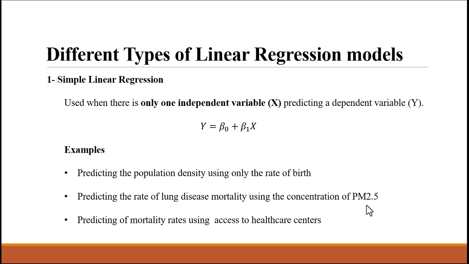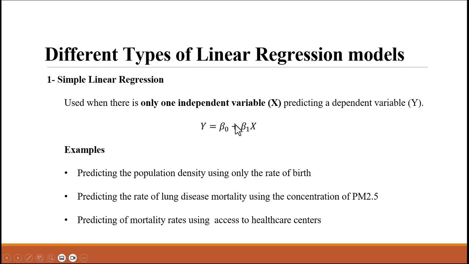Now we want to know what are different types of linear regression models. The first type of linear regression model is simple linear regression, which is the basic form of it. We use it when we have just one independent variable, x. And so we use just one coefficient, beta 1, and the intercept, beta 0. And also we have one dependent variable, or y.